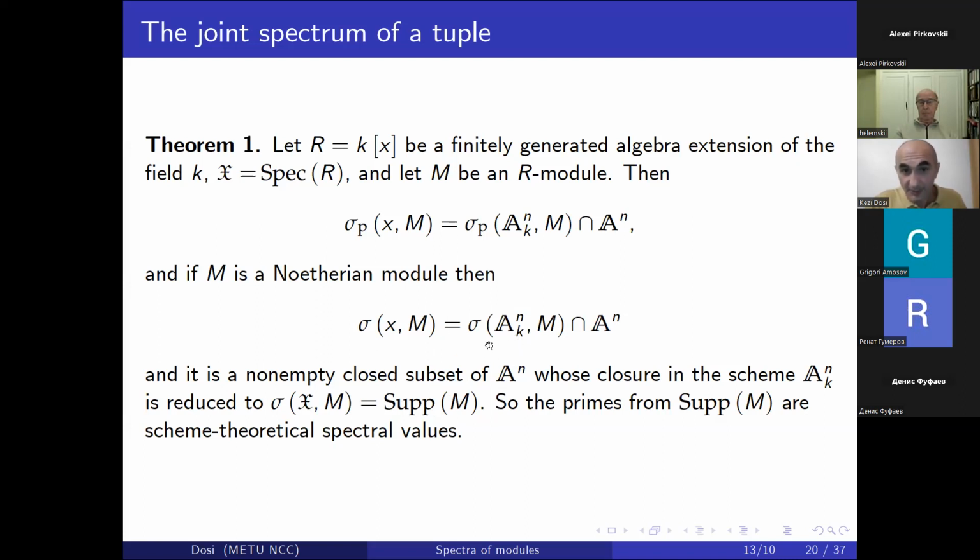Look, there's a nice link between the Putinar spectrum and the Taylor spectrum, right? So in the very algebraic case, the points from the support, if they are maximal ideals, are exactly representing the Taylor spectrum. Primes from the support we can call scheme-theoretical spectral values, if you wish. Look, this is our first result explaining the link between operator spectra and algebraic spectra.